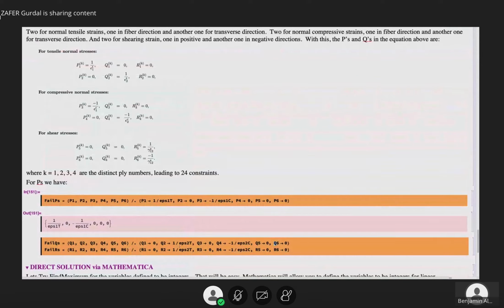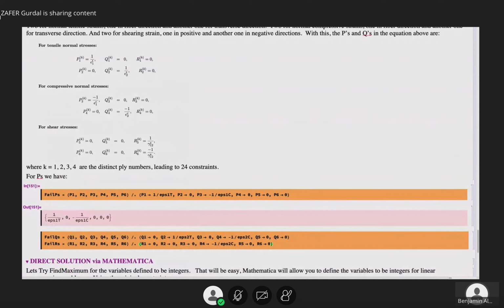And the R's will be 0. This will be 0. R2 will be equal to 0. R3, 0. And R4 will be equal to 0.